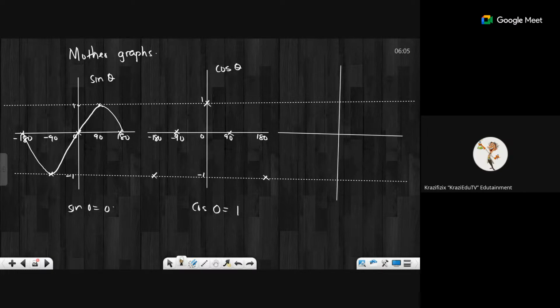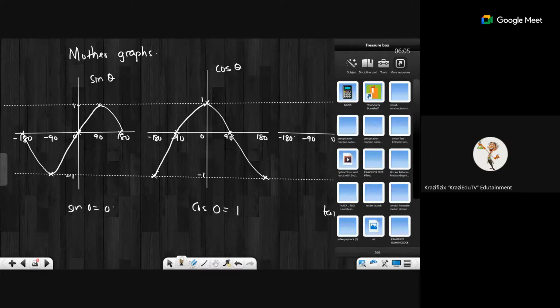Okay, what am I doing now? And for tan, 0, 90, 180, and negative 180. That 0 is actually what? The graph must pass. But what is tan 90? That you must know.